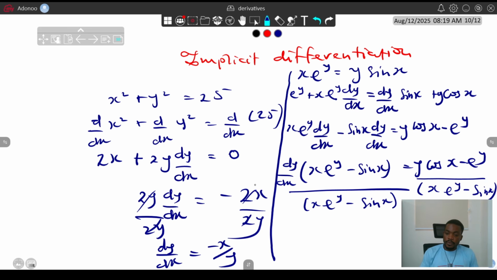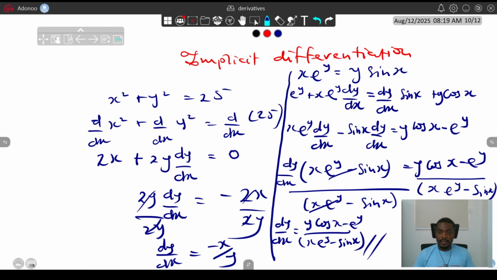Cancel this, and then we have dy dx is equal to y cos x minus e raised to the power y all over x e raised to the power y minus sine x. And this is our final answer.